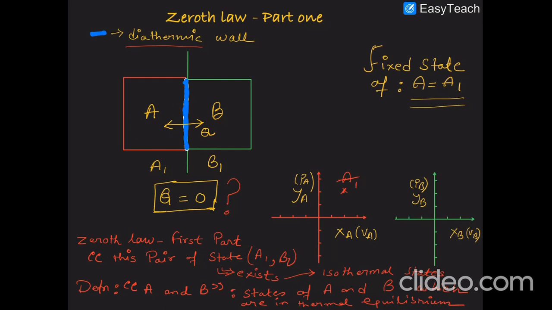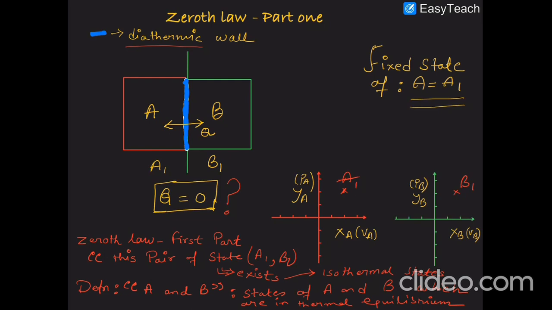On the other hand, we have system B, which we allow to interact with system A via a diathermic wall. Now our interest will be, by fixing the state of A, to look for a state of B in the thermodynamic state space where we can get Q to be 0, the state for which there will not be any heat interaction between A and B. If we find it, then that can be represented by a point B1.